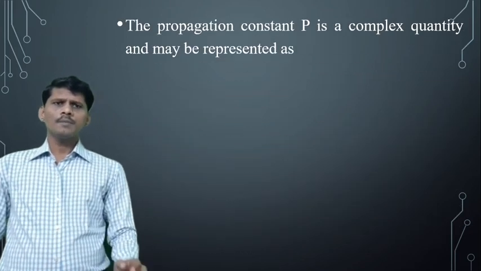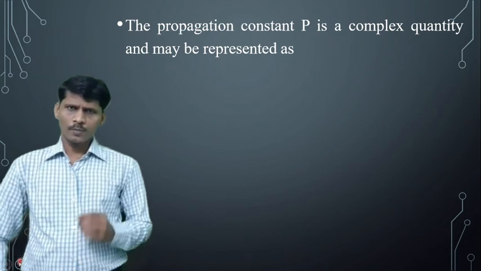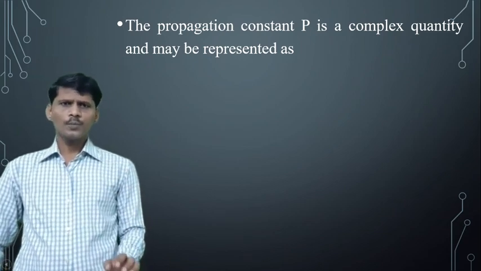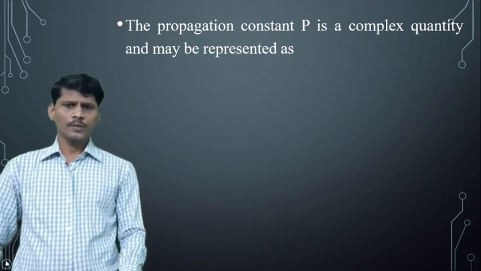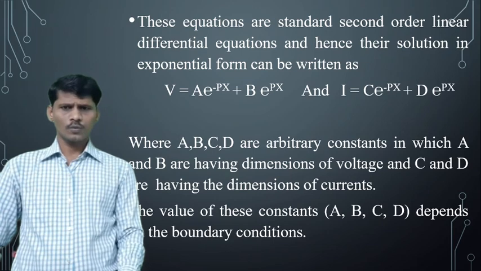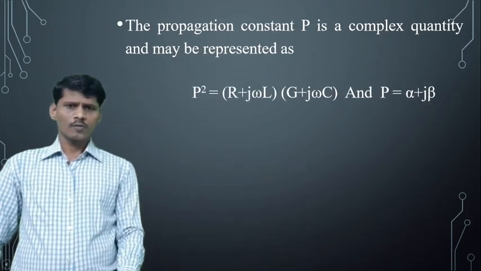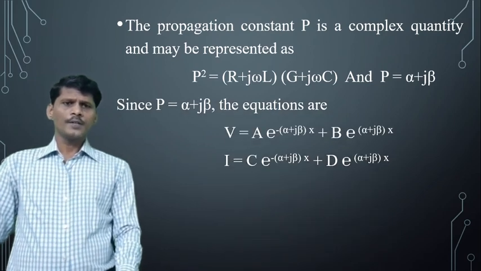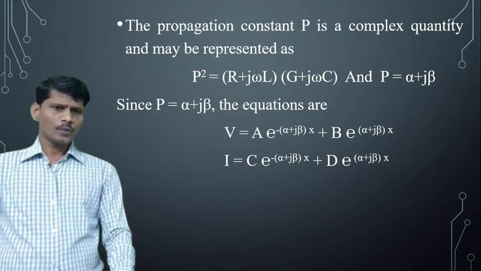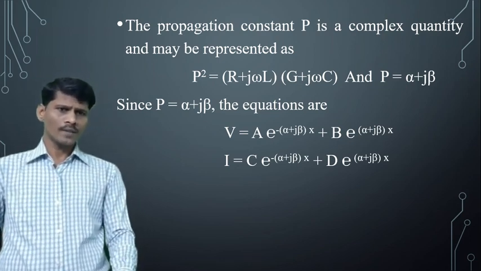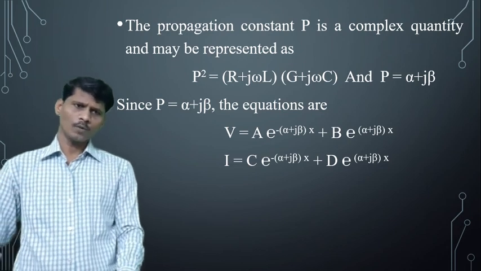So what is P? P is the propagation constant. The propagation constant P is equal to alpha plus j beta. Substituting P equal to alpha plus j beta into the above two expressions, we get the voltage and current equations: V is equal to A into e power minus alpha x into e power minus j beta x plus B into e power alpha x into e power j beta x.